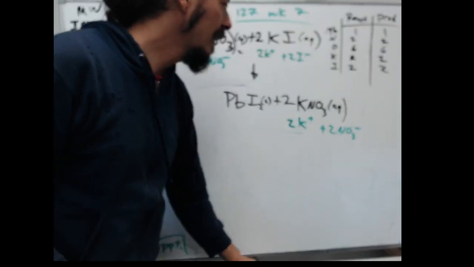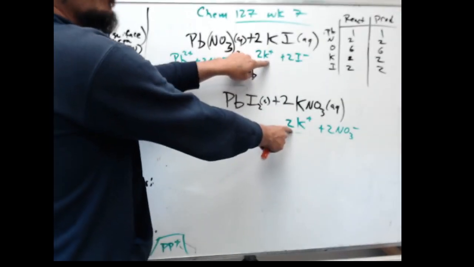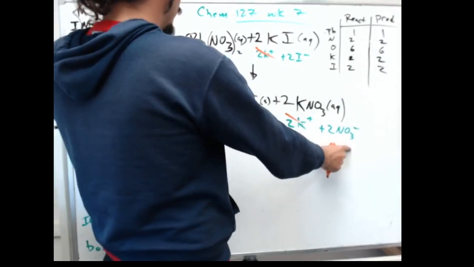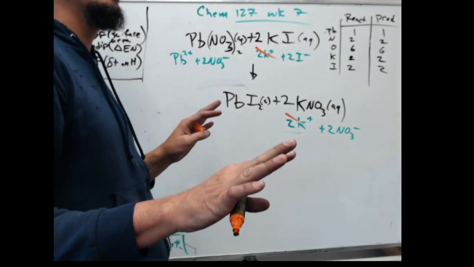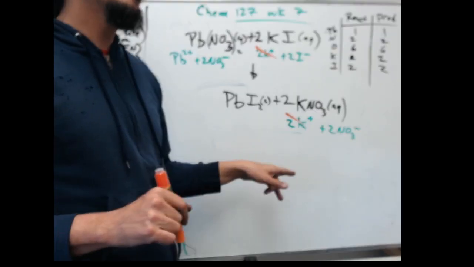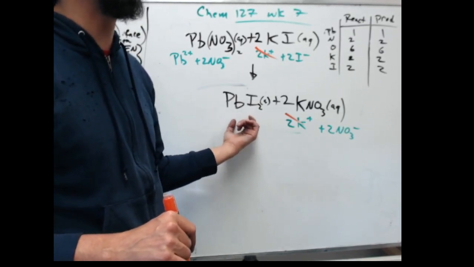Then I start looking for spectators. Potassium, I've got 2 of them. They're both potassium, they're both plus. I didn't write down aqueous, but they're both aqueous as well, so that's gone. Nitrates, right? The easy way to look for your spectator ions is to look for the product that's aqueous, because the solids aren't going to be spectators. That's changed state for sure.